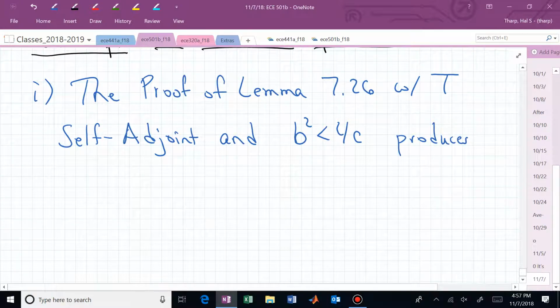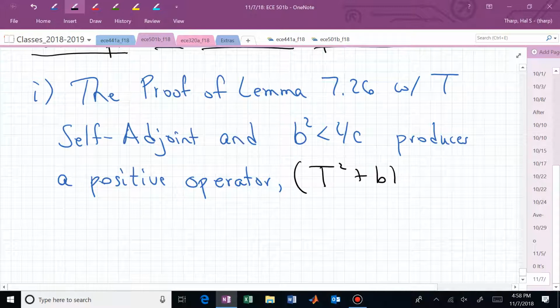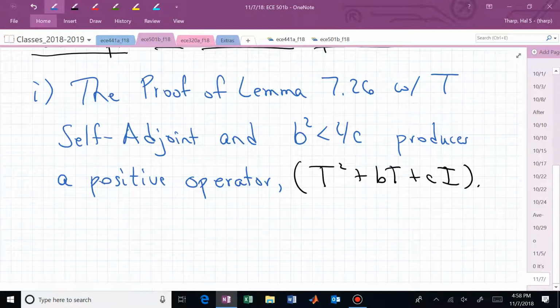So the proof of lemma 726 with T self-adjoint and b squared less than 4c produces a positive operator. So there's one example of a positive operator. You give me a self-adjoint operator T, I can now build you a positive operator as long as I make sure that b squared is less than 4c via this quadratic expression.